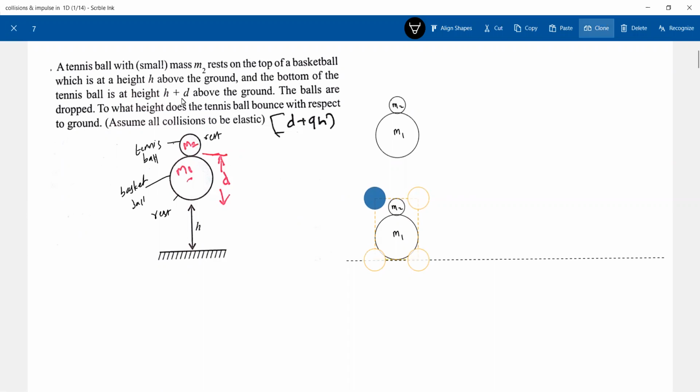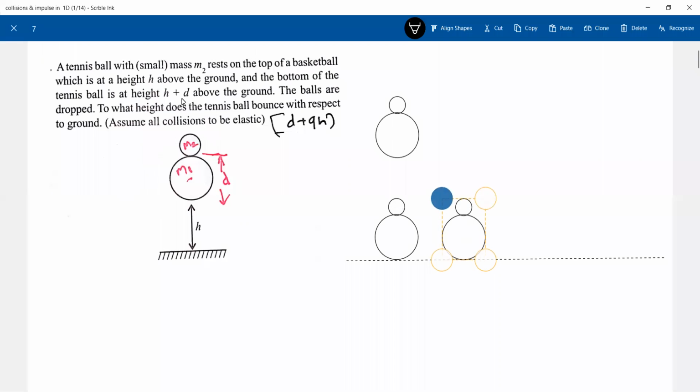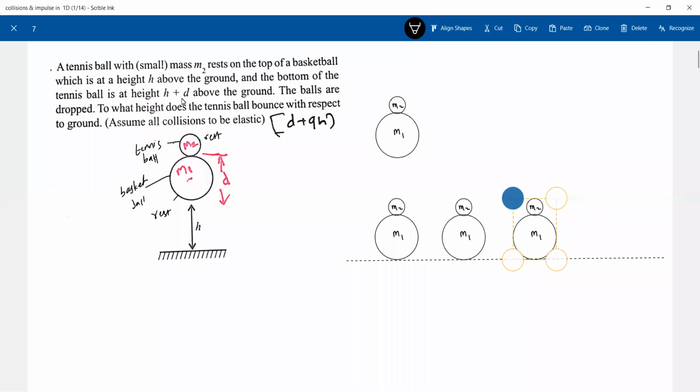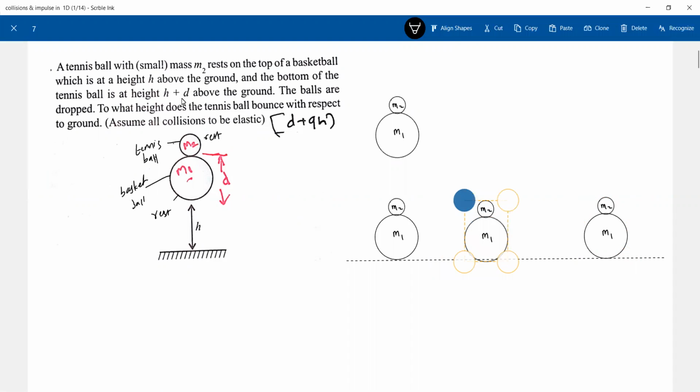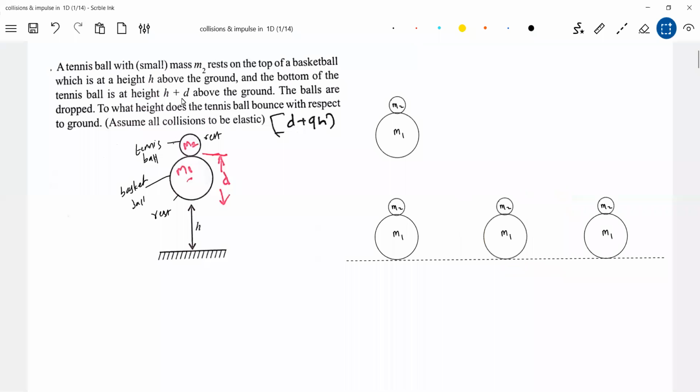They will descend some height. So both will descend the same height, no? Because they are released. So this is the H.